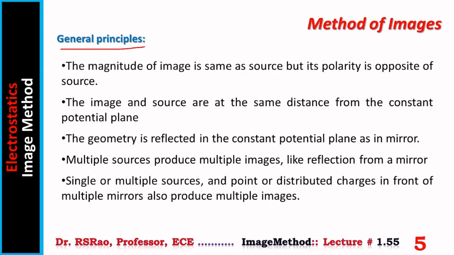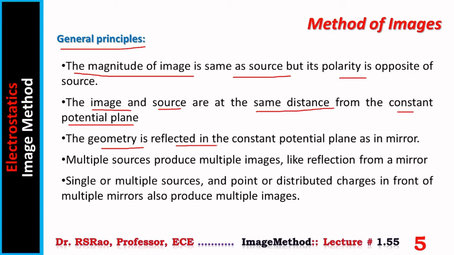Here, general principles pertaining to image charges are enumerated. The magnitude of image is the same as the source, but polarity is opposite. The image and the source are at the same distance from the constant potential plane. The geometry is reflected in the constant potential plane as in a mirror.